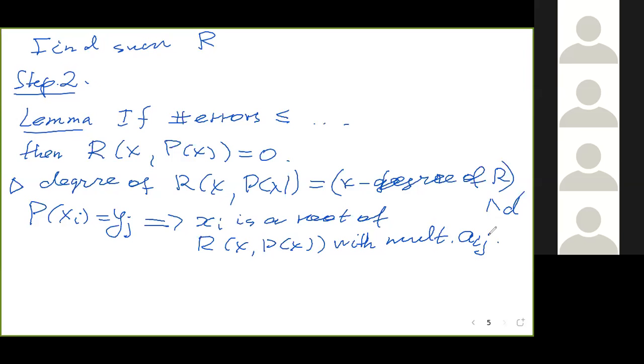And this is because we have chosen R so that each pair (xi, yj) is its root with multiplicity aij. So if the graph of p passes through the point (xi, yj), then xi will be a root of that univariate polynomial of multiplicity aij. We have seen it once when we considered an algorithm to decode Reed-Solomon code.